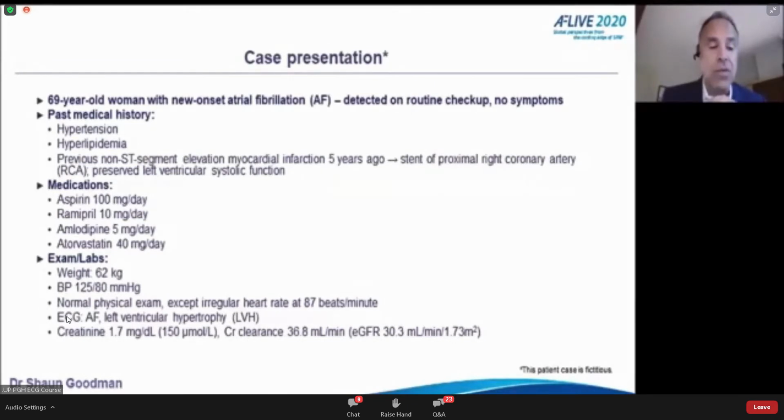She also has some voltage criteria consistent with left ventricular hypertrophy. And importantly, her laboratory investigations are generally unremarkable, except for the fact that her creatinine is 1.7 milligrams per deciliter, corresponding to a creatinine clearance of just about 37 milliliters per minute and an estimated GFR of 30 milliliters per minute.